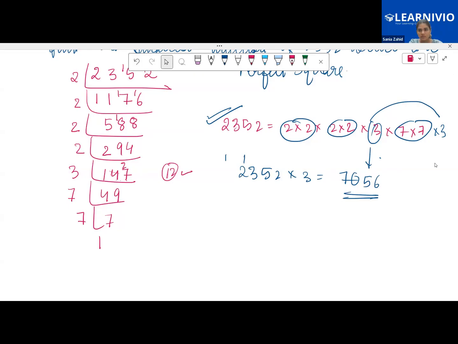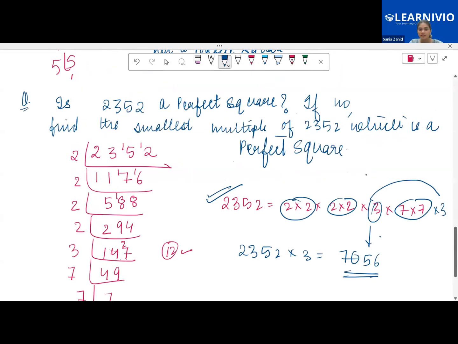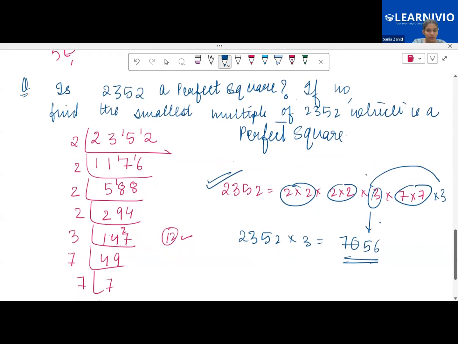Here. This one. I was just multiplying. Forget it. I was just multiplying 2352 into 3. I was just carrying the number. 3 into 5 is 15. So 5 I wrote over here, 1 I carry. Yes. So I hope this question was clear to you.